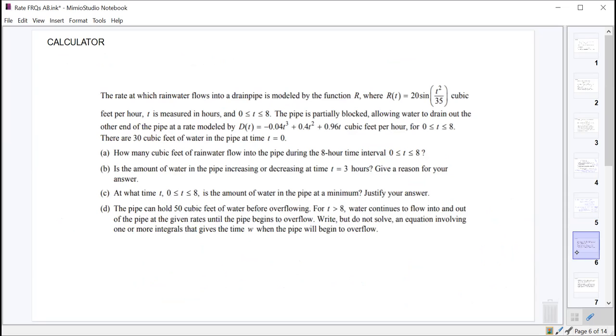All right. The rate at which rainwater flows into a drain pipe. That's the other one I asked you guys to do. What's part A going to be? We want to know how many cubic feet flow into it during the 8-hour time period, 0 to 8. Well, that ought to be an integral from 0 to 8 of R of t. And what did that come out to be?